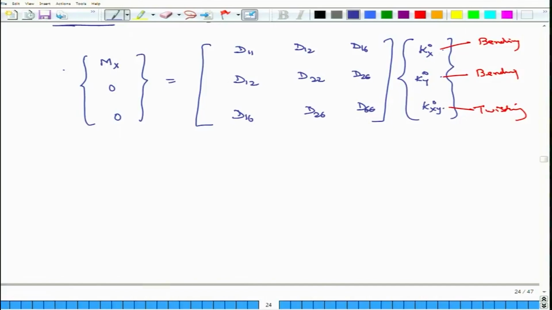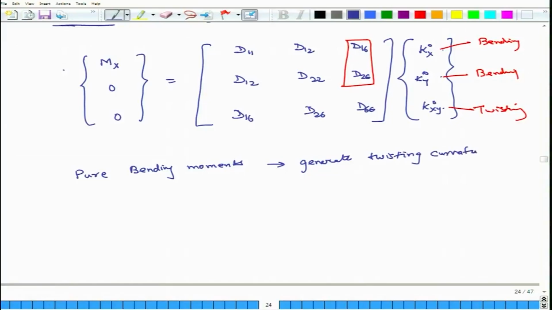In that case, if these terms D16 and D26 are non-zero, then pure bending moments, so Mx is a purely bending moment, they generate twisting curvatures as well. Okay, because D16 and D26 are not 0.